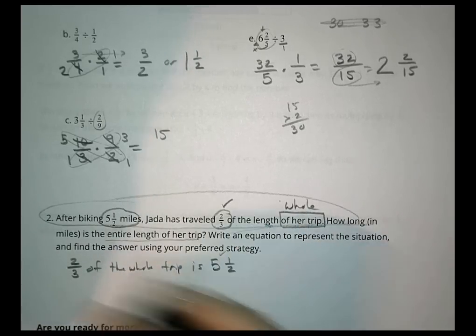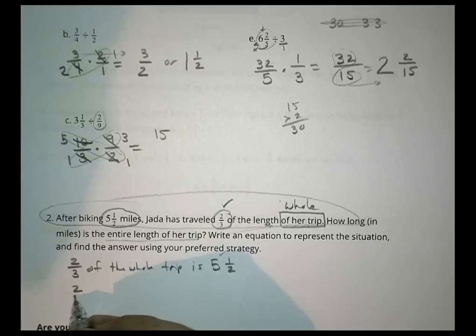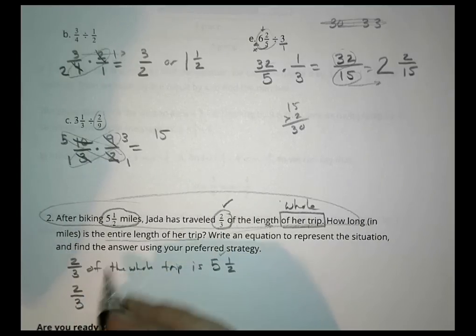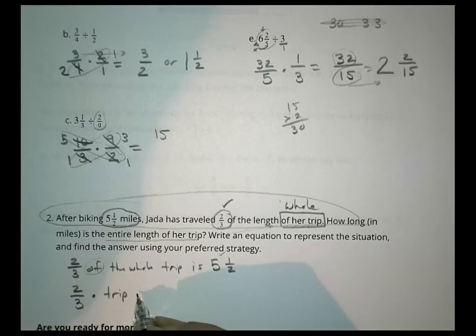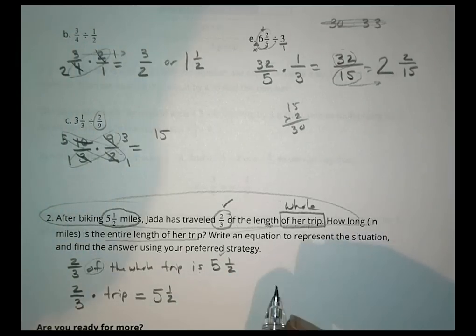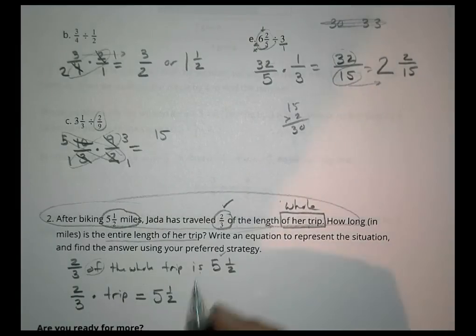So now we can turn this into a multiplication problem. This is 2/3. Generally, when we say "of" something, that means multiply. 2/3 of the trip, we don't know what the trip is, usually means equals. So 2/3 of the trip is 5.5. As a multiplication problem, it looks like this.